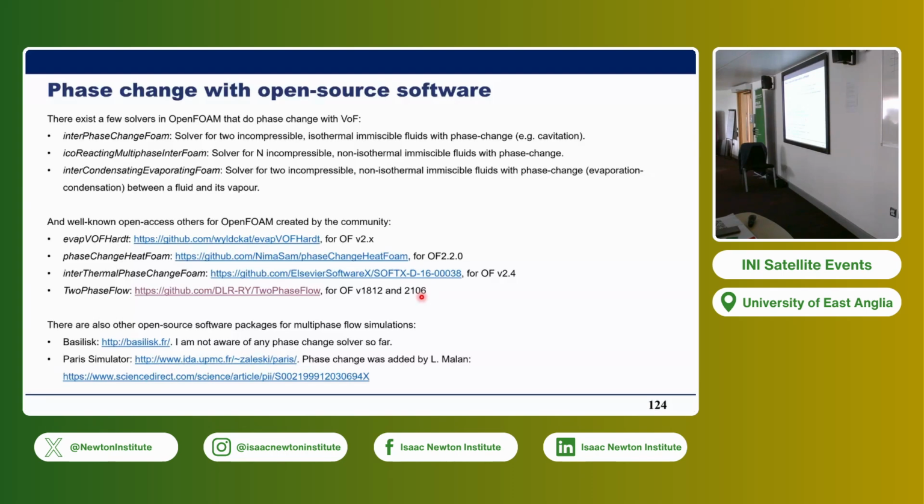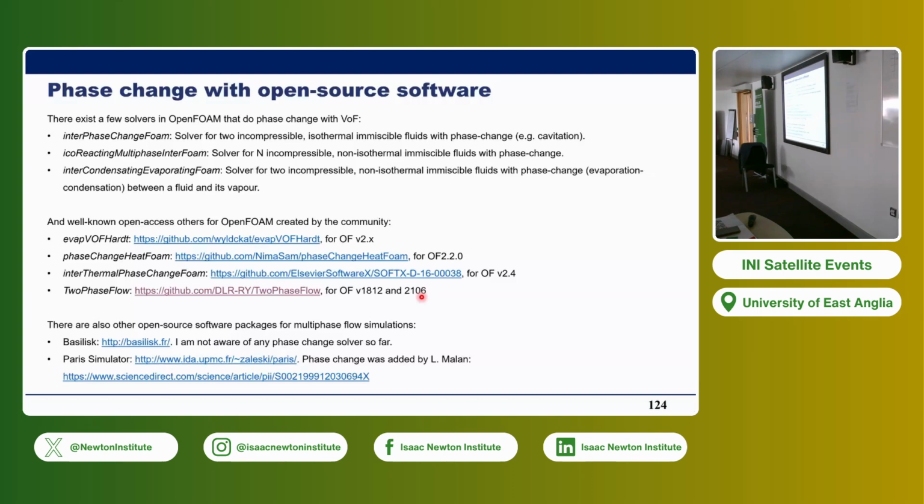But maybe the newest versions already have these packages installed? No, because these are very old versions. In the newest versions, they are not porting the previous versions of the solvers anymore. So they are not interested in these problems in OpenFOAM? Apparently, they're not. OpenFOAM decided that they're not interested yet in having their own phase change solver.